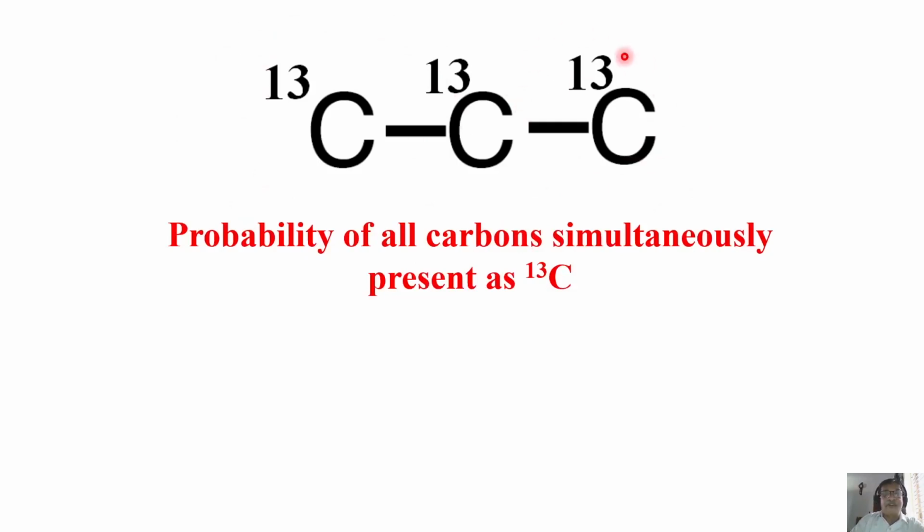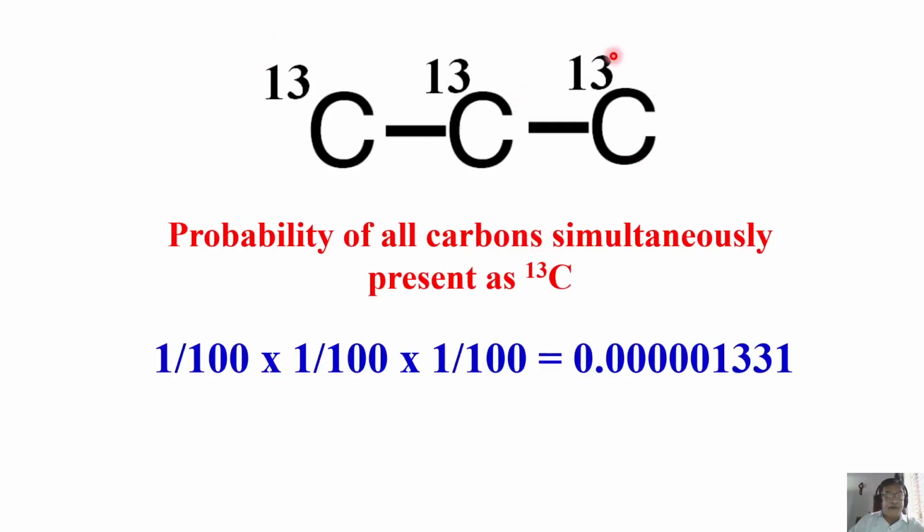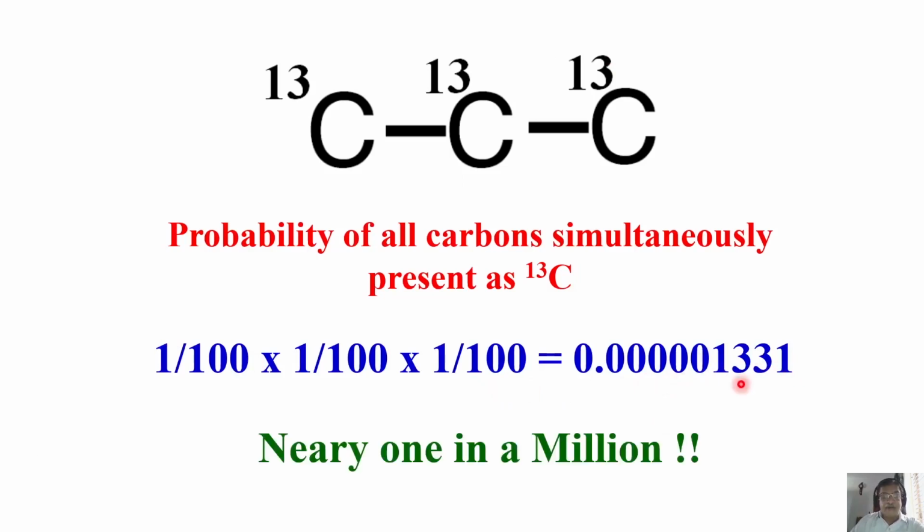Now another 1 in 100 has to be multiplied. The joint probability is 1 over 100 into 1 over 100 into 1 over 100, which is even smaller, nearly 1 in a million. Remember, that is for all 3 carbons to be seen in the carbon 13 state. Even 2 carbons in carbon 13 is 1 in 10,000, which was difficult. Now it is 1 in a million.